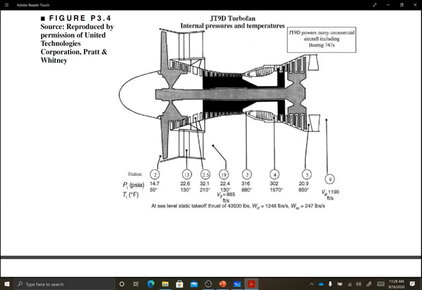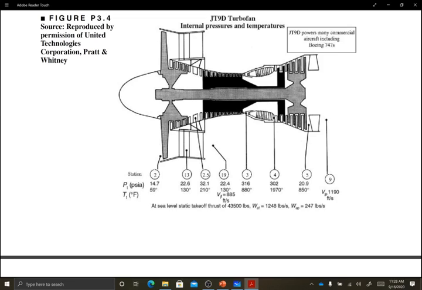Does this make sense? Can you take that ratio for me? Can you take the ratio, PT3 over PT2? That's what you said, right?